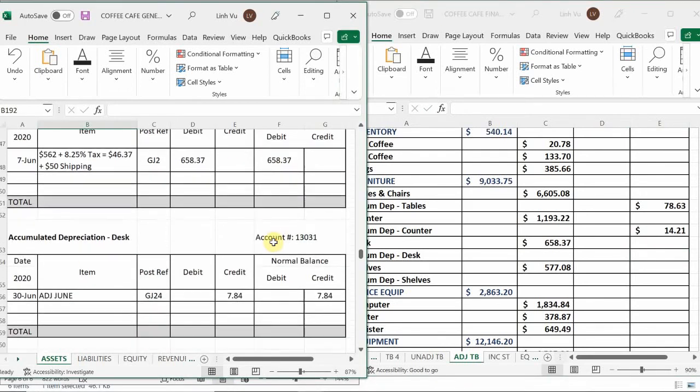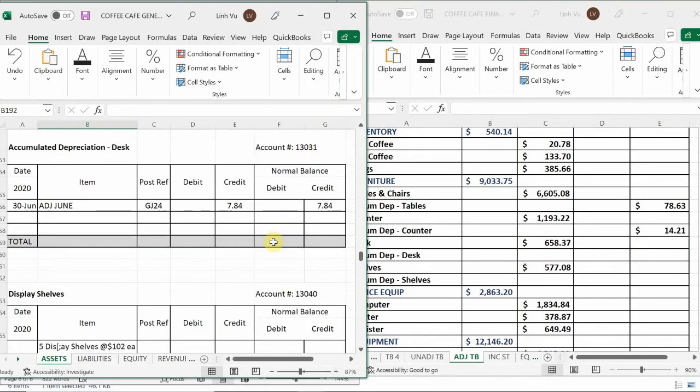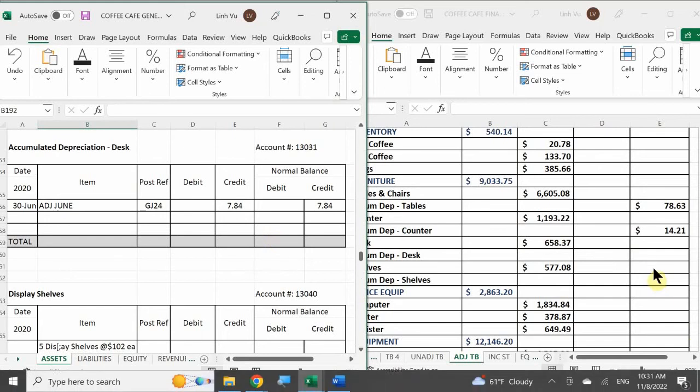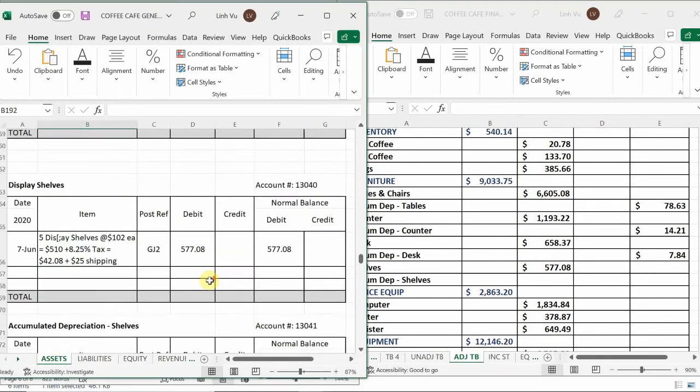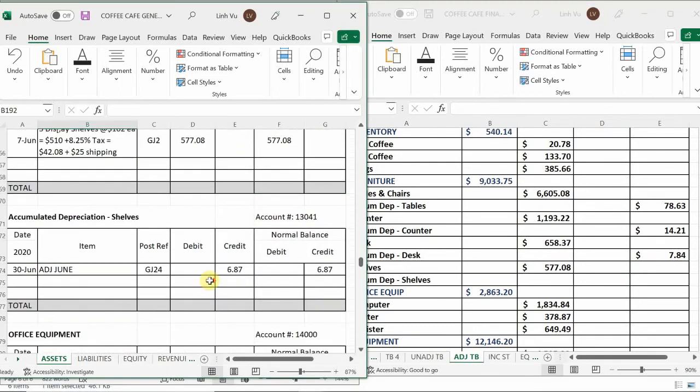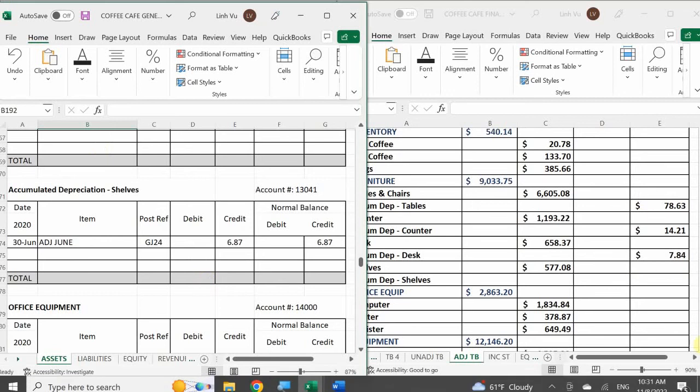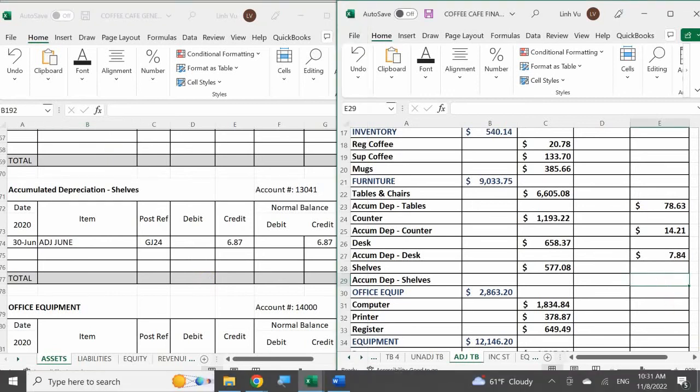My depreciation was $7.84 for my desk. And for my shelves it was $6.87. Okay, so this is going to definitely change my formula.